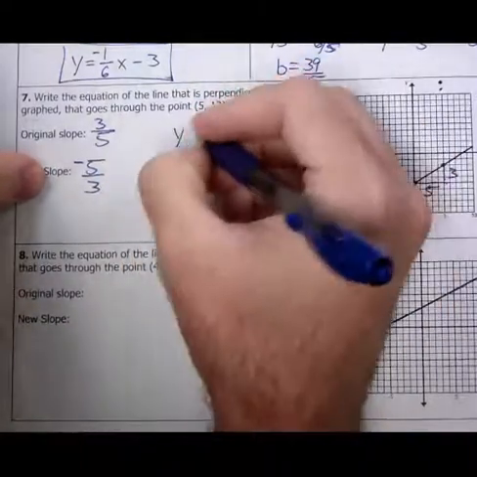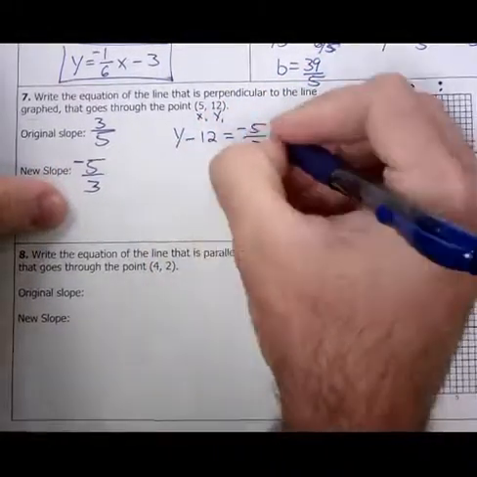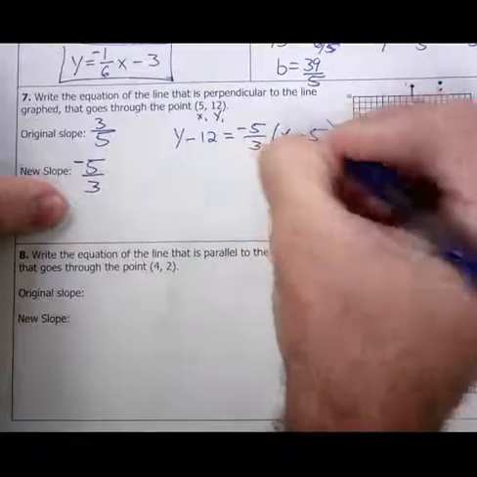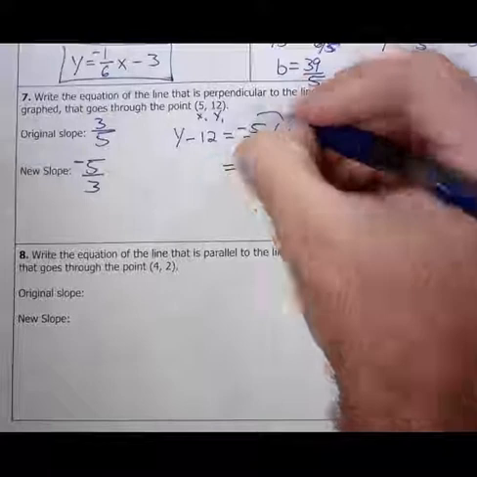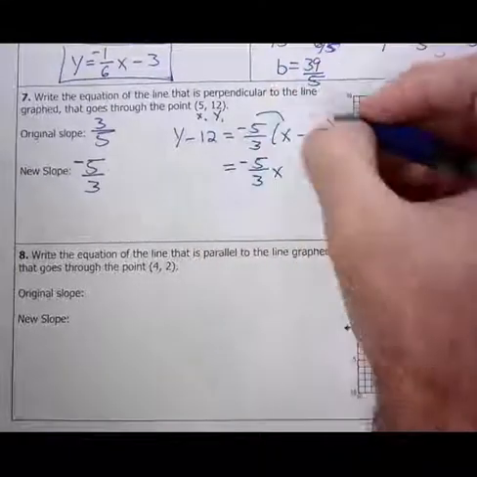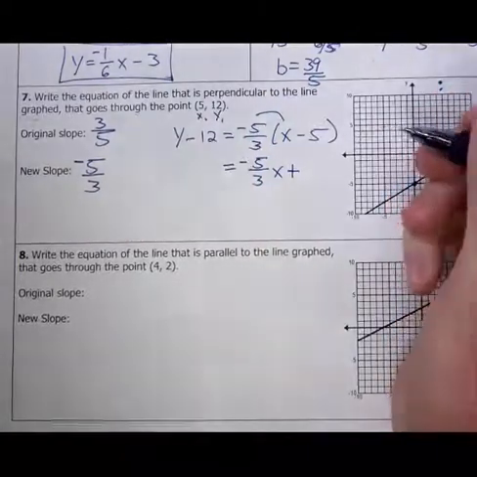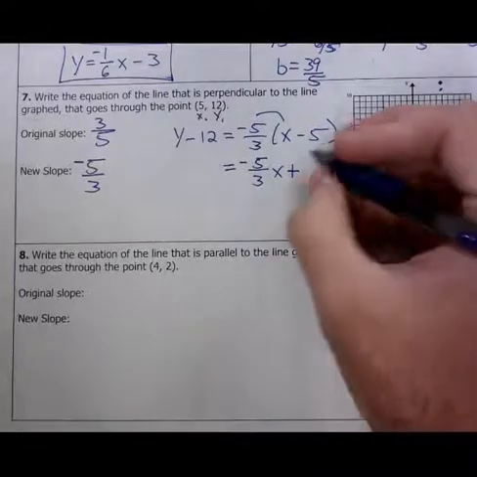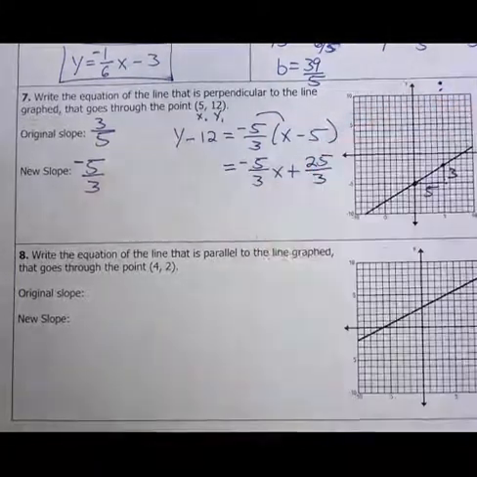X1, Y1. Y minus 12 equals a slope of negative 5/3, parentheses x minus 5. Okay. Step 1, to distribute, negative 5/3 times x is negative 5/3 x. A negative and a negative make a positive. 5 times 5 is 25. 25 divided by 3 stays as a fraction.